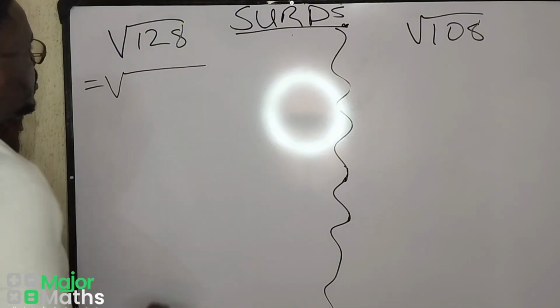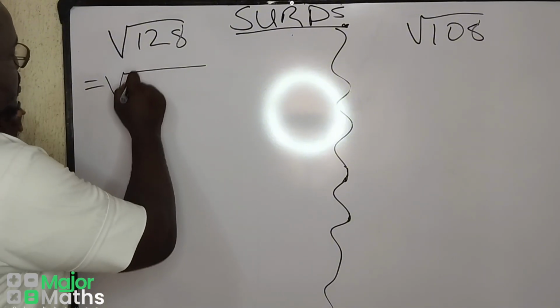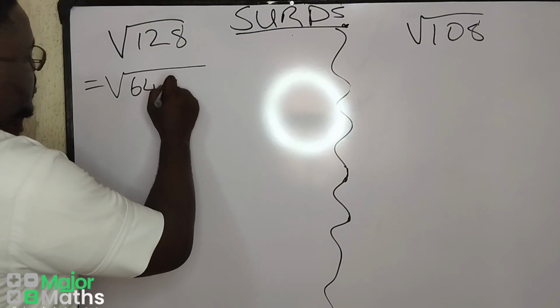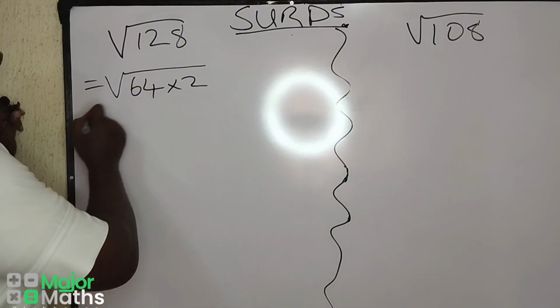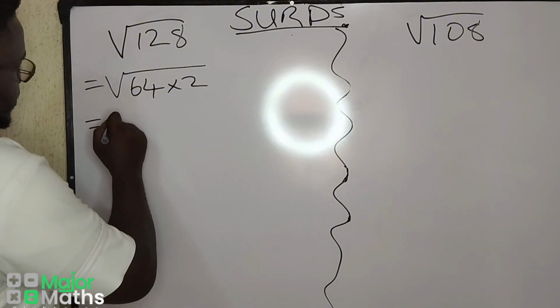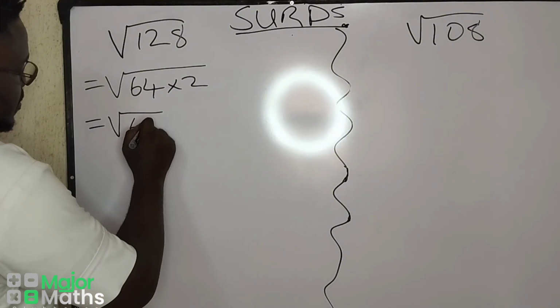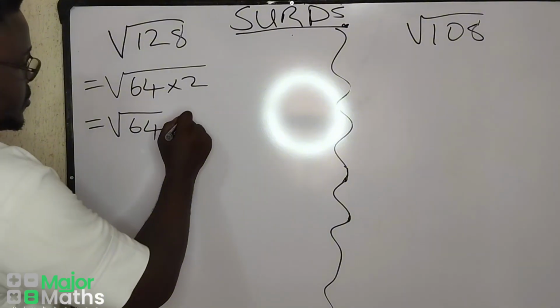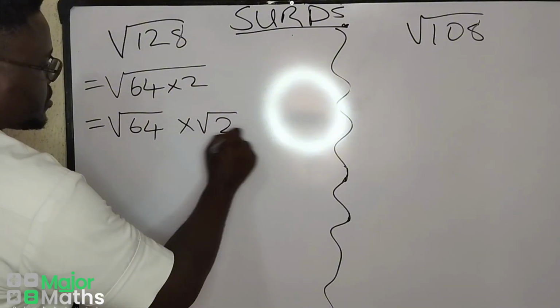Now break this down. When we break this further, it could give us 64 times 2. Alright, so we break this into their individual square roots. So we have root 64 times root 2.